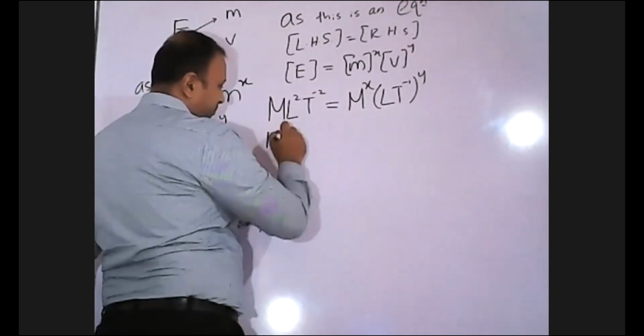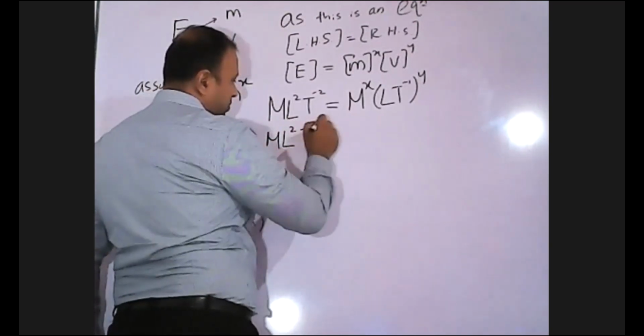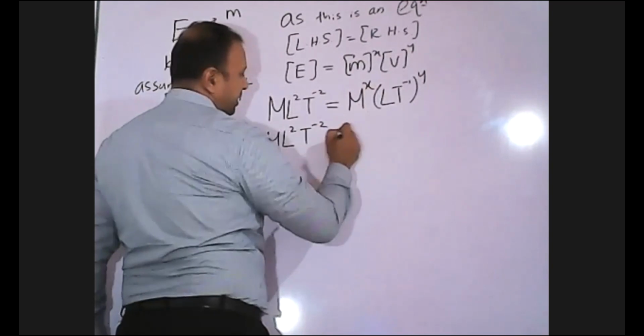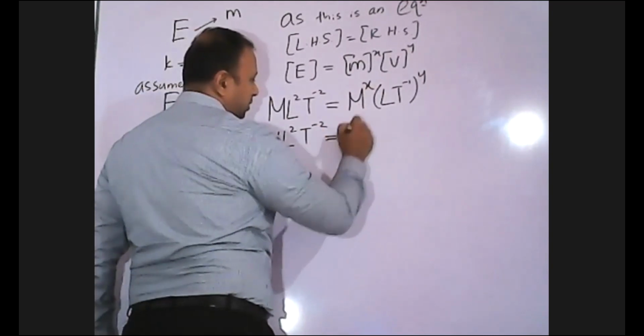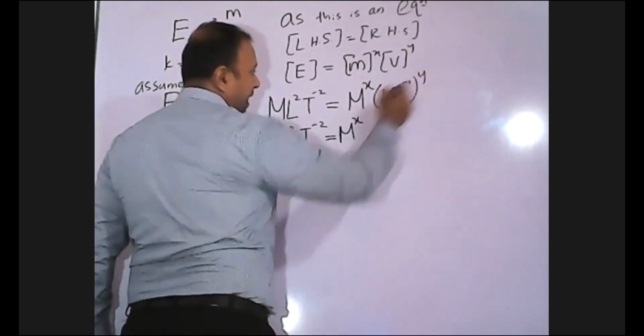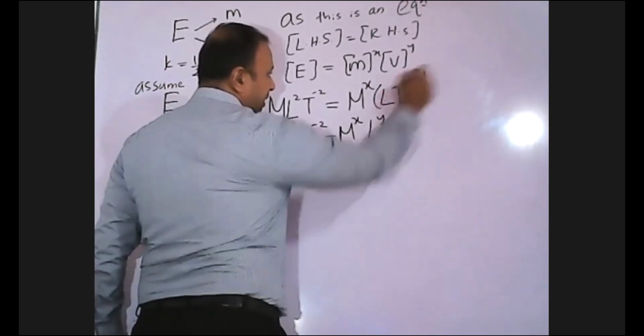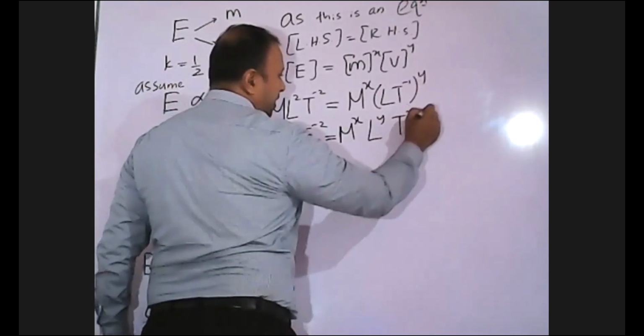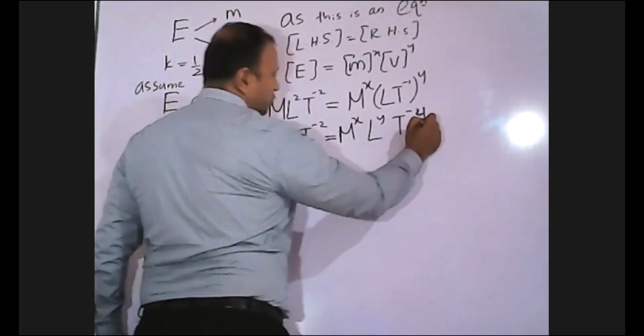So here M L squared T minus 2, and here M to the power X, L to the power Y, T to the power minus Y.